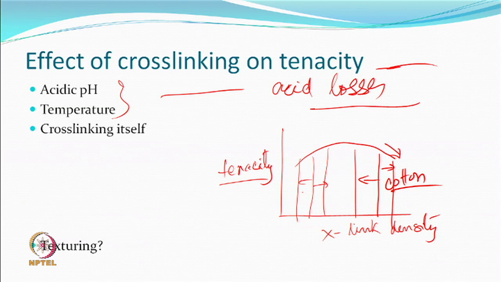In addition, the texturing. So, what is texturing doing? It is twisting first. It is not like the fabric or a fiber or a yarn is in a relaxed state. It is actually not in a relaxed state. You are twisted, and you are going to be cross-linking a twisted yarn, because that is what the texturing has to be used for. This is how the texturing will be done.